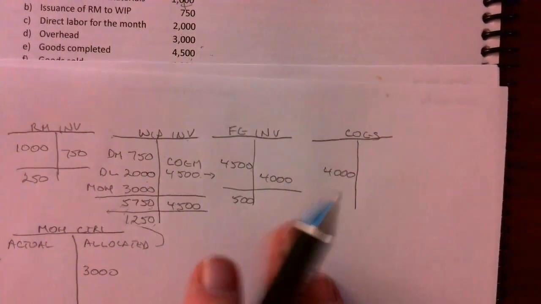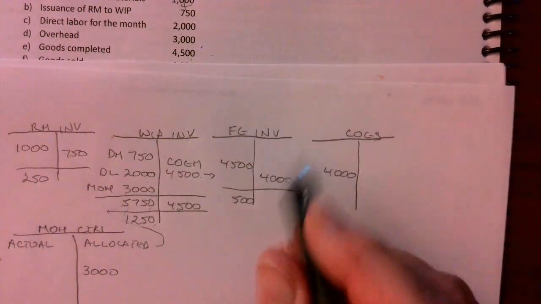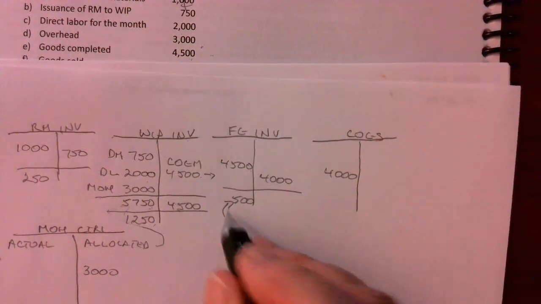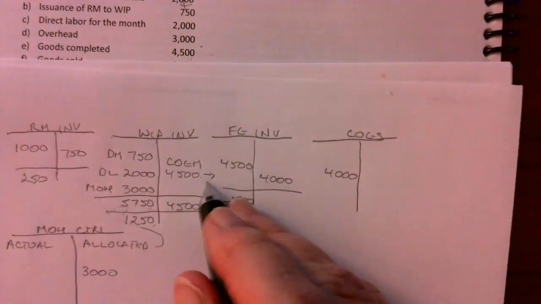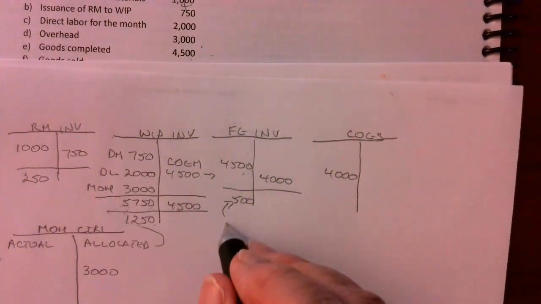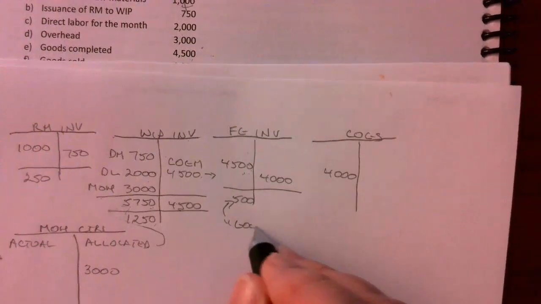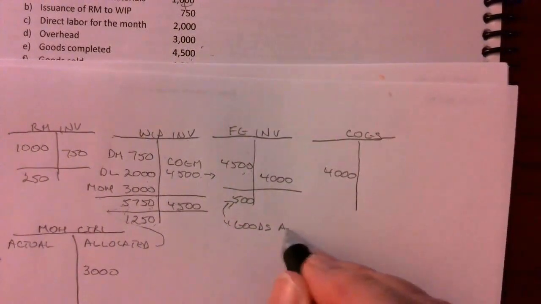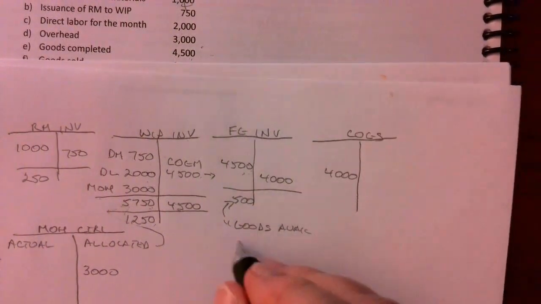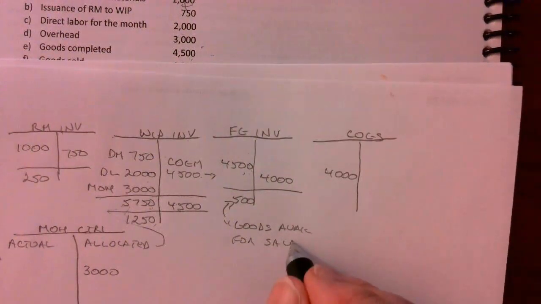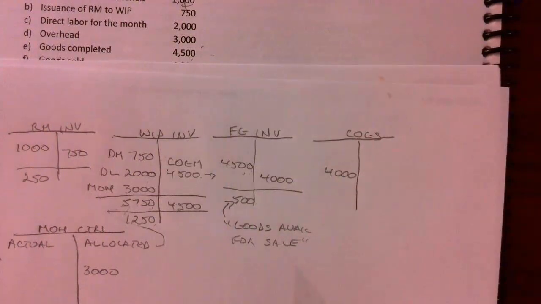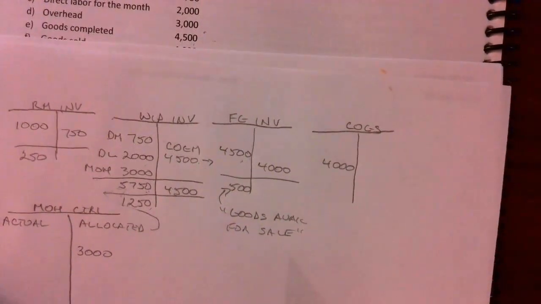Okay? The other thing too is one other thing I was going to show. Oh, that this number, this right here, the total of the beginning balance plus whatever cost of goods manufactured, that is goods available for sale. Okay, now we're going to do this a lot in other chapters, so don't get all hung up on it.